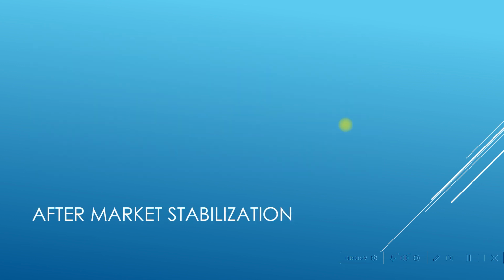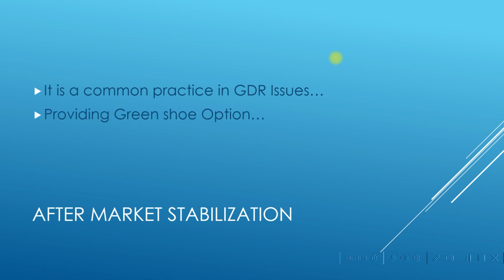Next, we'll take a look at aftermarket stabilization. Aftermarket stabilization is a common practice in GDR issues. It provides a green shoe option. We'll briefly go through what each of them means. Aftermarket stabilization addresses the risk inherent in GDR issues post-offer, where the demand for a GDR issue may exceed supply or otherwise.